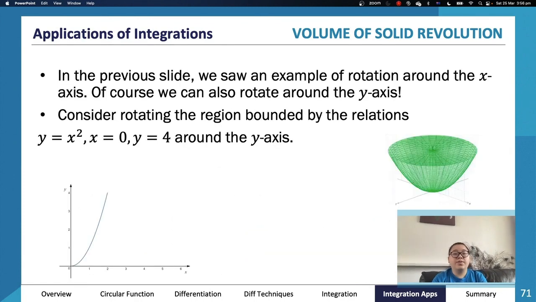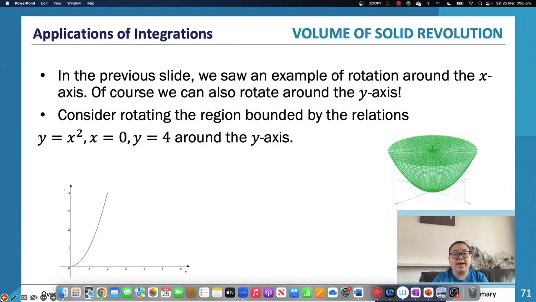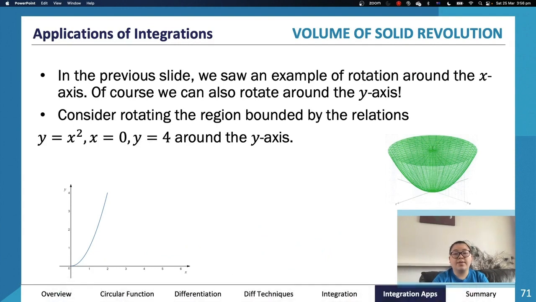Alright, so if we talked about rotating it around the y-axis instead, now we want y equals 4 and x equals 0, so that's 0 to 4 for this equation, right? So we put in the terminals, 4 to 0, and make it y squared instead.